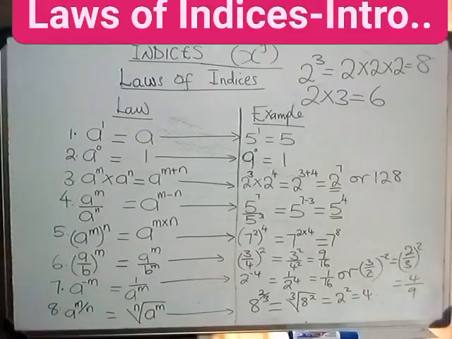The 3 will become the root, so it becomes the cube root of 8. Then the numerator 2 will become the index of 8. What is the cube root of 8? You find that the answer is 2. And 2 to the power 2, because of that index 2, gives our answer as 4.